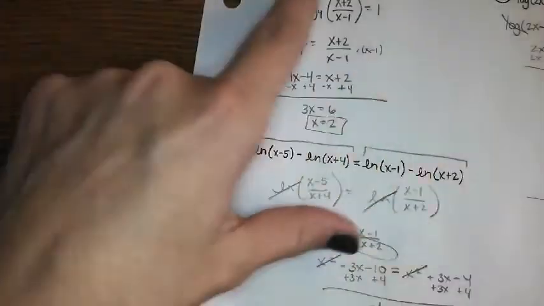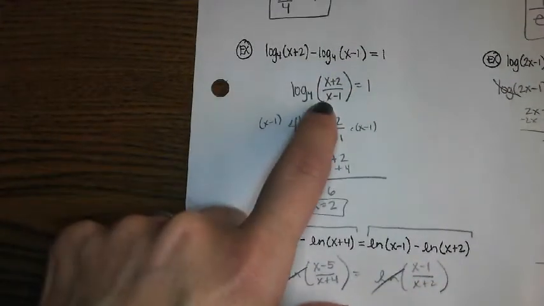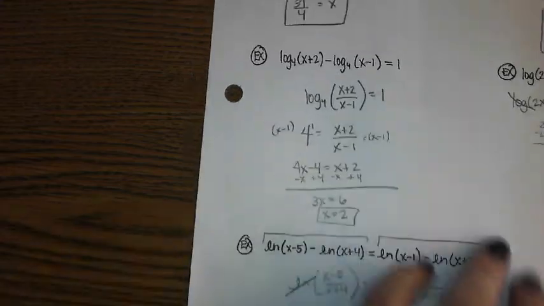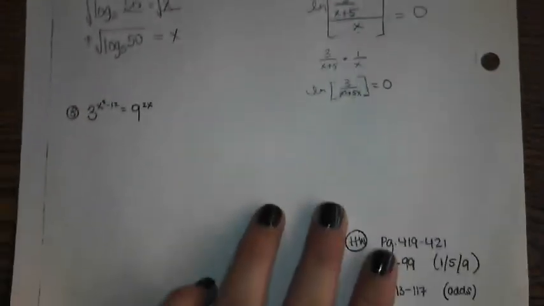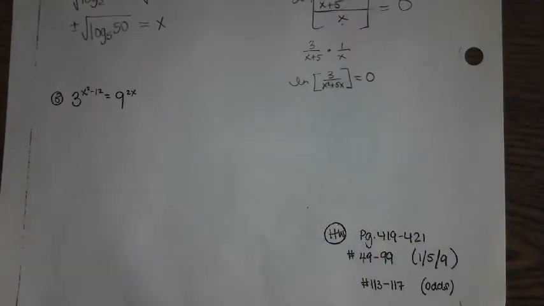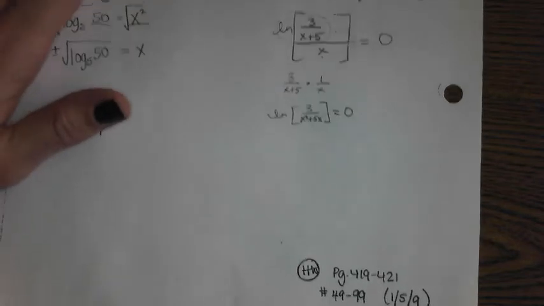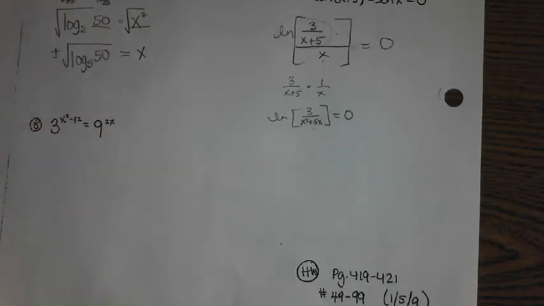Go back to the front. Once we got this down to a single log, by condensing, what did we do? We're going to translate it out of log format into exponential.